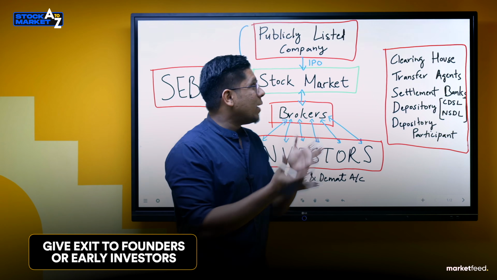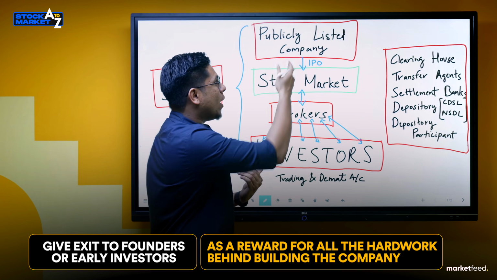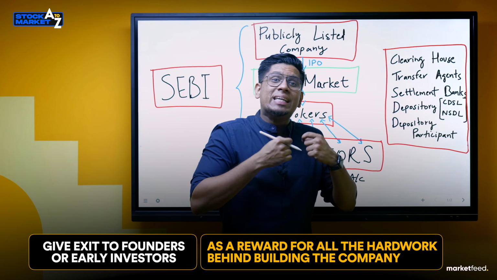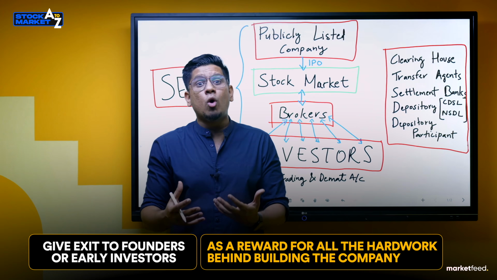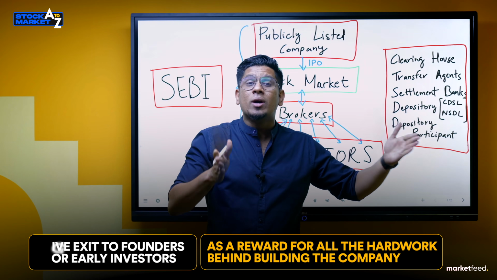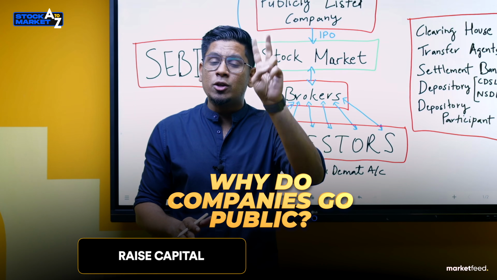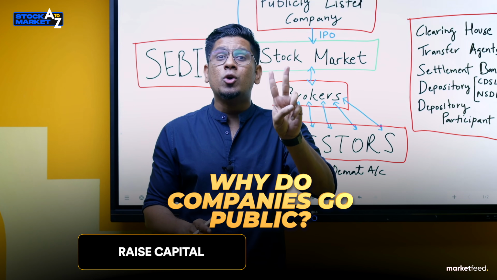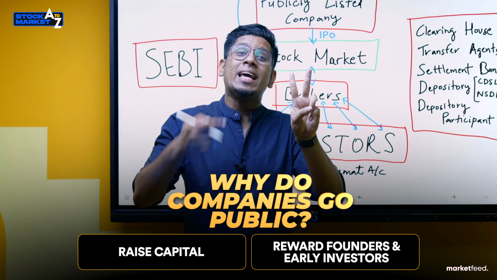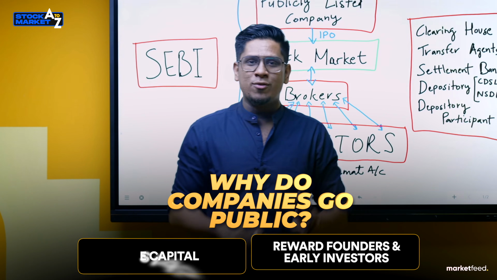So when the public buys those shares from him directly via the IPO, that money goes into his hand. So he is basically being rewarded for all the years of hard work that he has put in. So basically the question is, why do companies go public? Two answers. One is to raise capital. Number two is to reward or to give exit to founders or early investors.